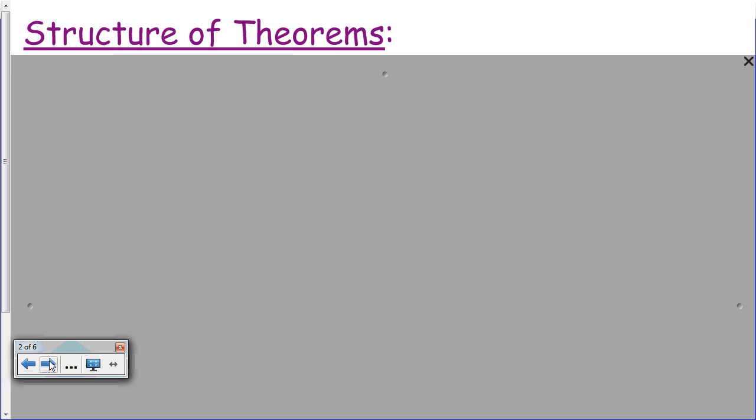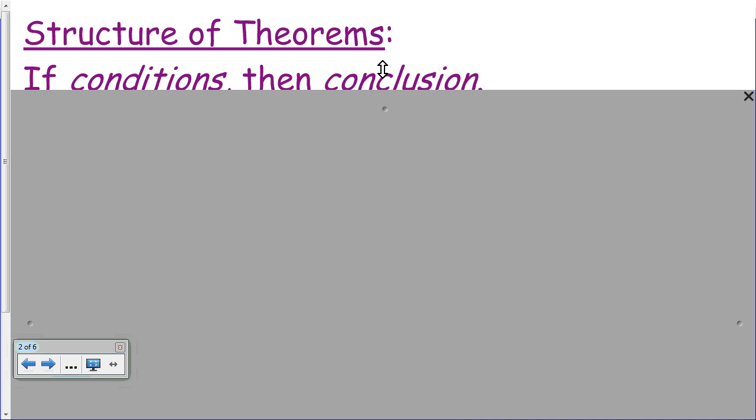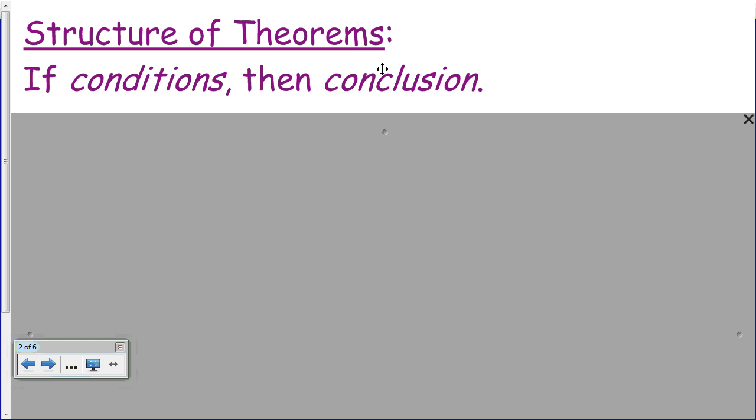Most theorems that we're going to see throughout the course will be structured in this form right here. It's what we call an if-then theorem, where you have if followed by some conditions. Most of the time we're going to see it's multiple conditions that we have to meet. In some cases it might be just one condition. And then you have then followed by the conclusion.